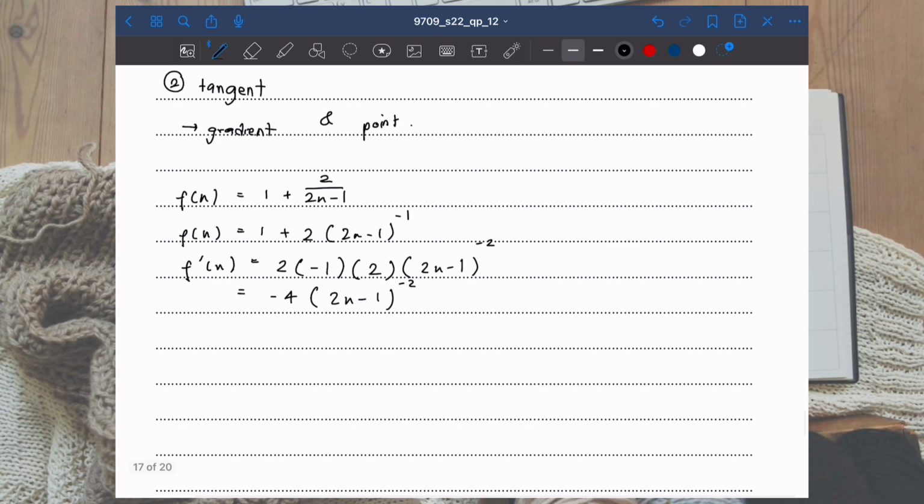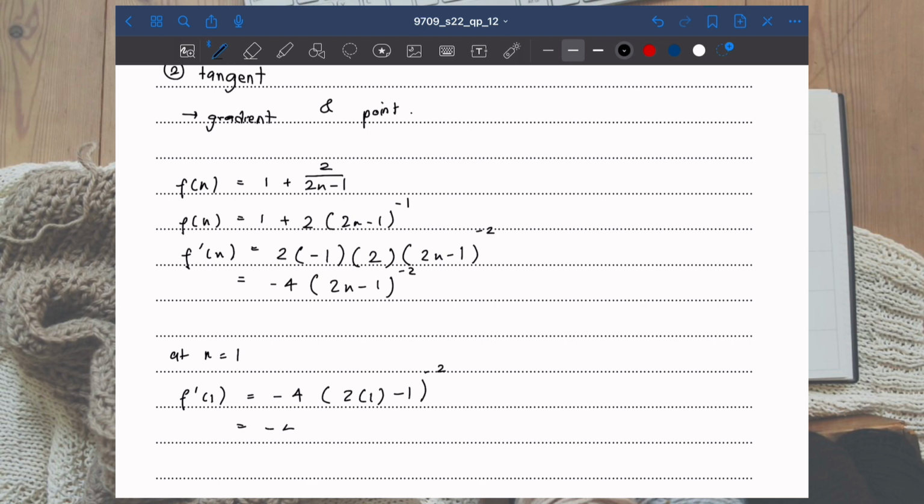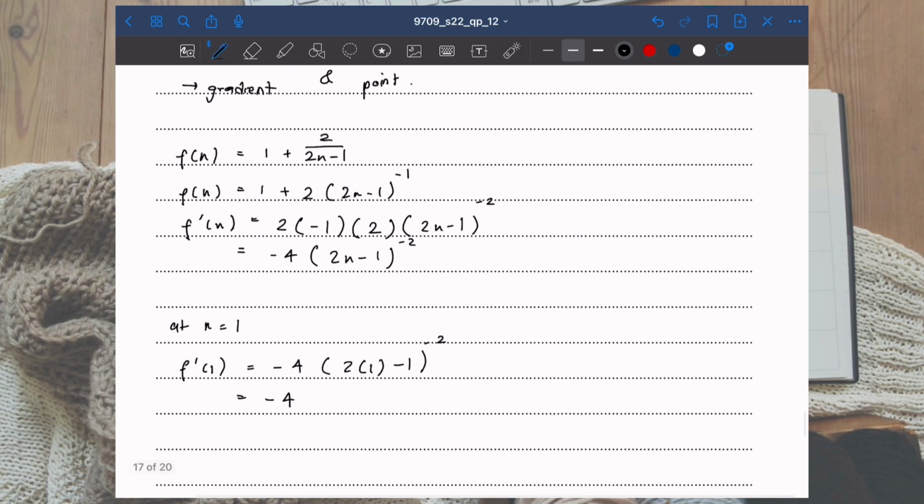So the gradient at x equals 1 will be negative 4 times 2 times 1 minus 1 to the power negative 2. This gives us negative 4. So that is our gradient for the tangent.